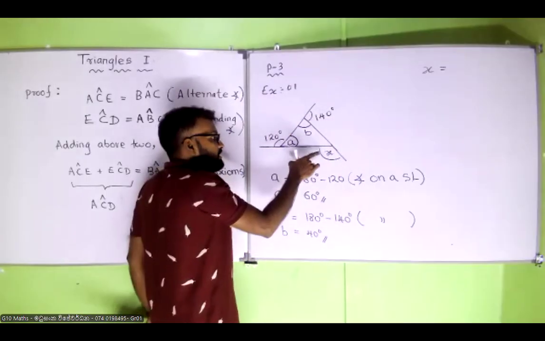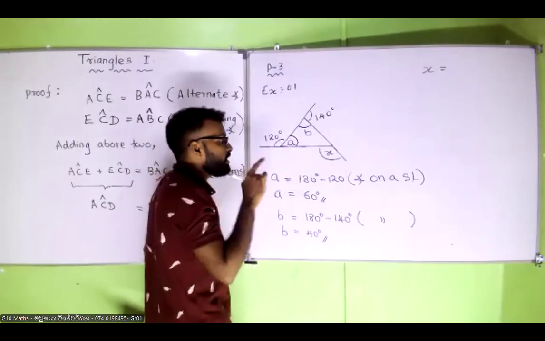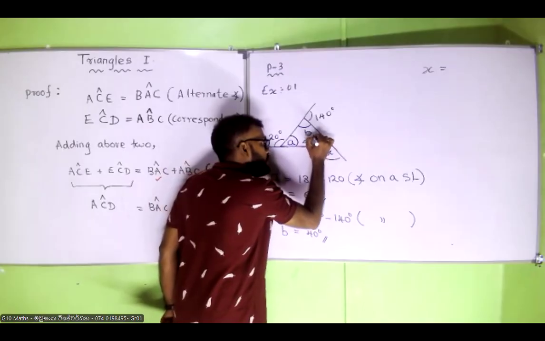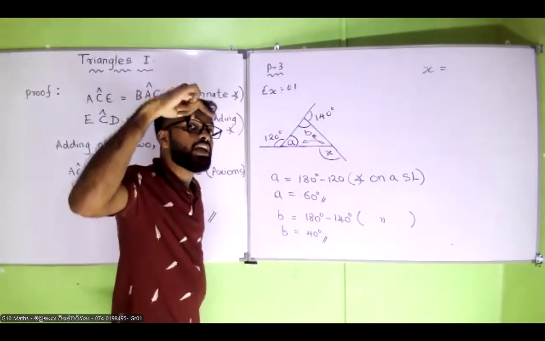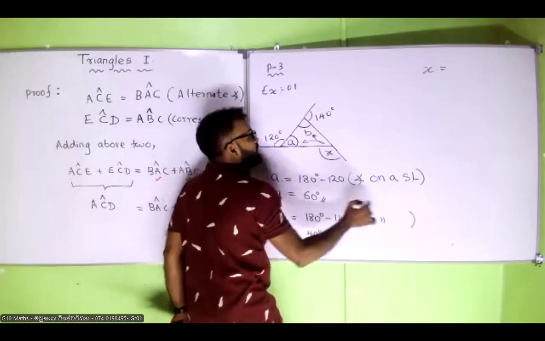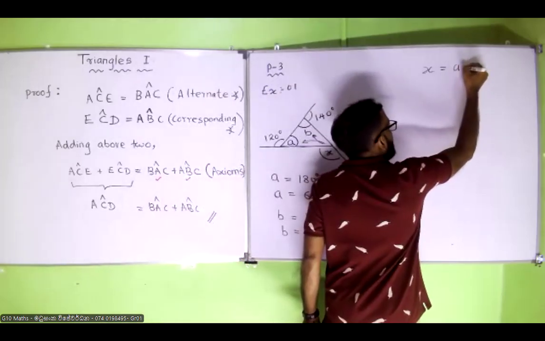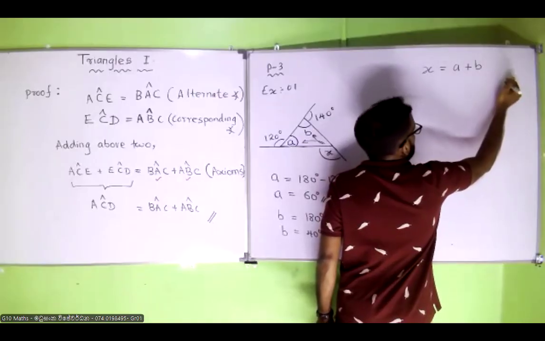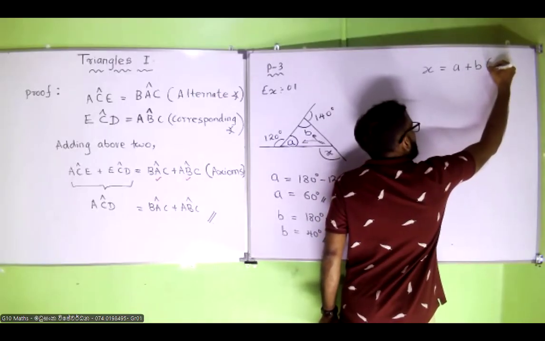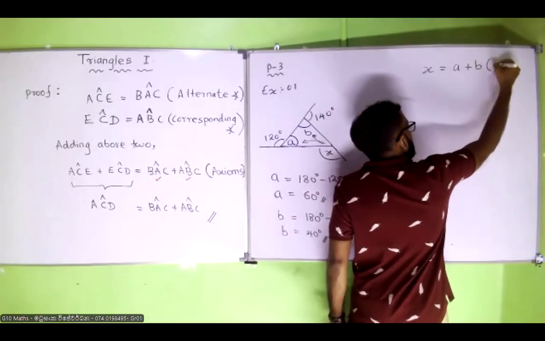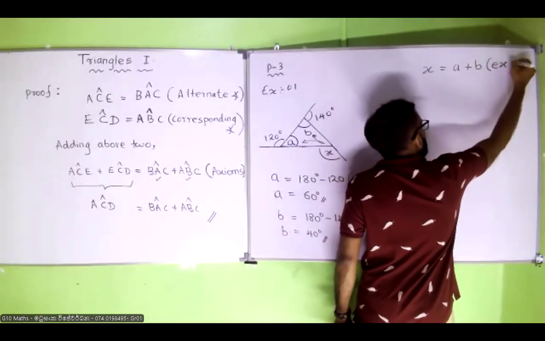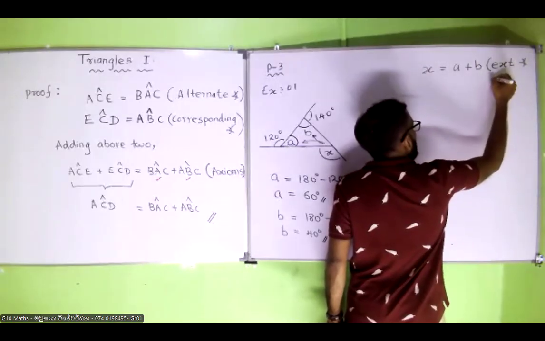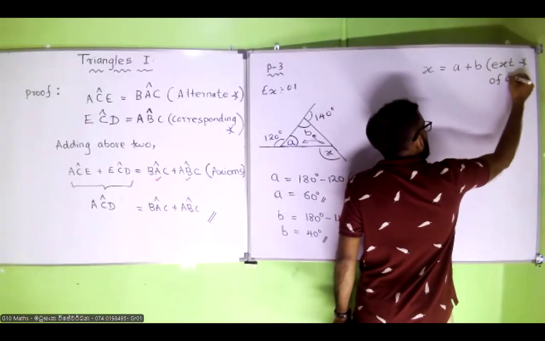The magnitude of this exterior angle should be equal to the summation of the two opposite interior angles, A plus B. X is equal to A plus B. If you want to write the theorem: exterior angle of a triangle.